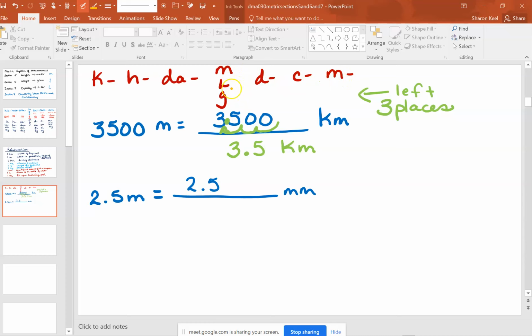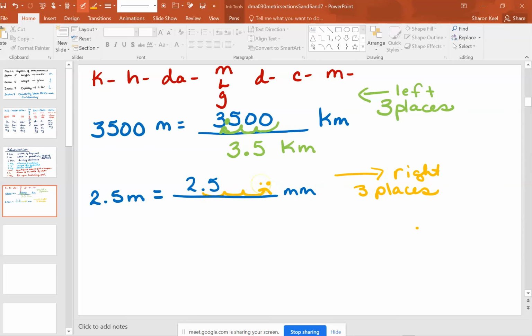So I count my places, 1, 2, 3 places to the right. So I'm going to move right 3 places. So the decimal in this problem is between the 2 and the 5. So I start here and I go right 1, 2, 3. So the decimal is going to move right 3 places.